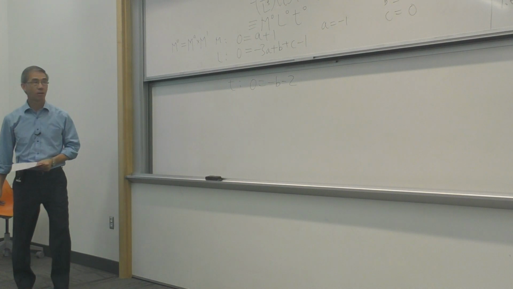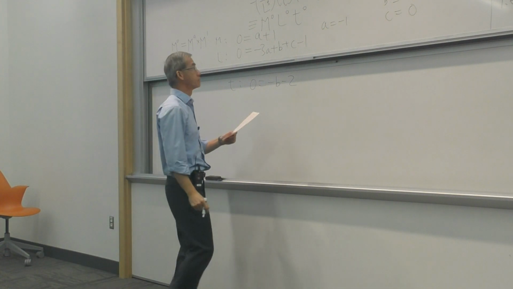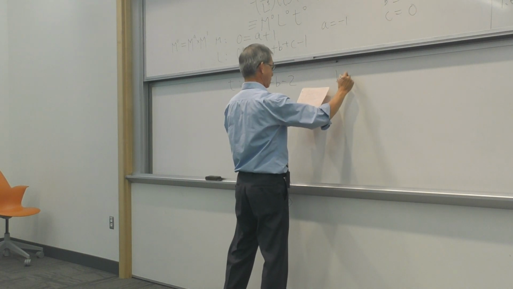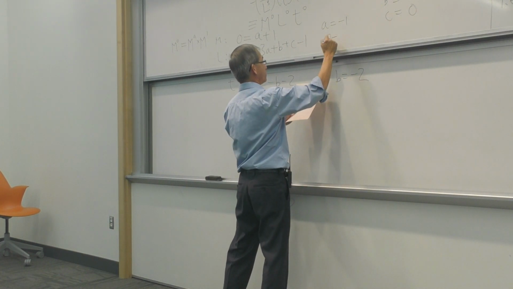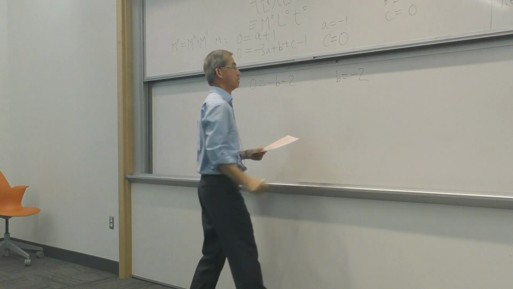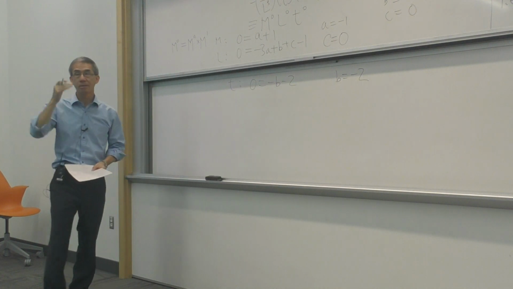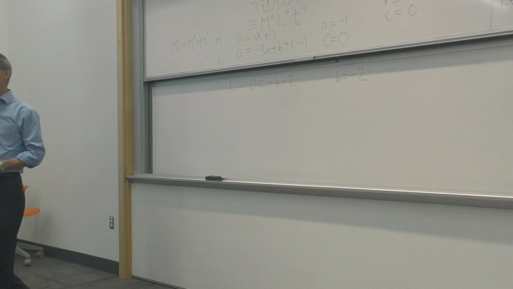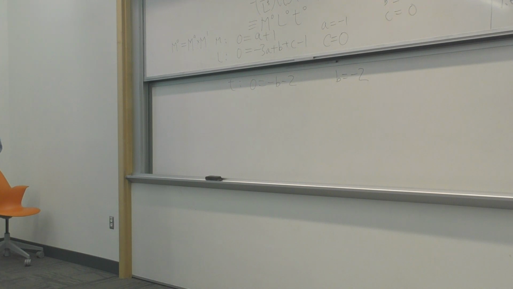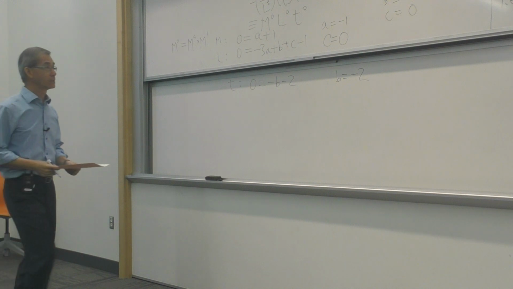That itself tells me that B is -2, and from the middle equation, I concluded that C is 0. So this reinforced my inspection, meaning I get what I expected, and it's the same answer as I have here.